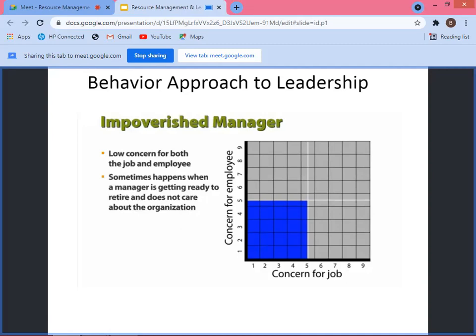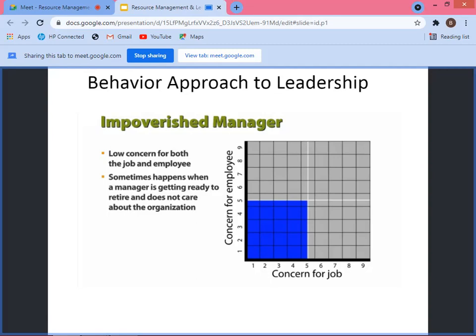No continuous improvement, no innovation. Okay. No objectives, no SMART objectives. You know the SMART? Specific, measurable, achievable, realistic, and time-bound objectives. No more like that. He does not concern for employees anymore.